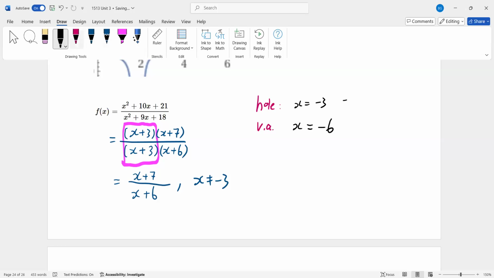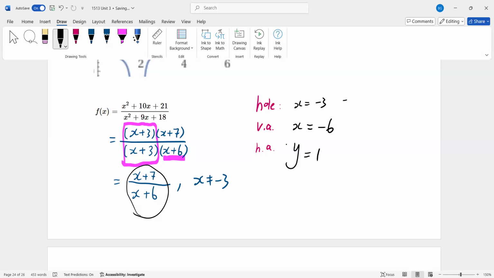We still have this root in the denominator. Horizontal asymptote: you look at this quotient after you get rid of the common factor. Numerator degree 1, denominator degree 1. So the horizontal asymptote is the quotient of the leading coefficients. 1 over 1 is 1.